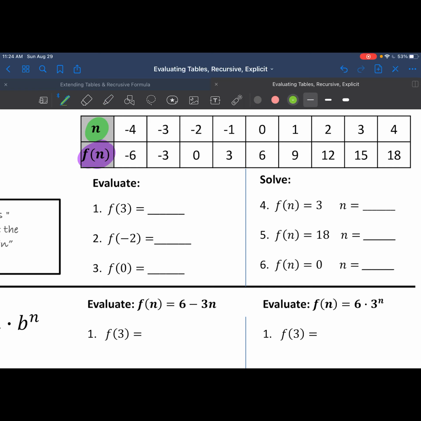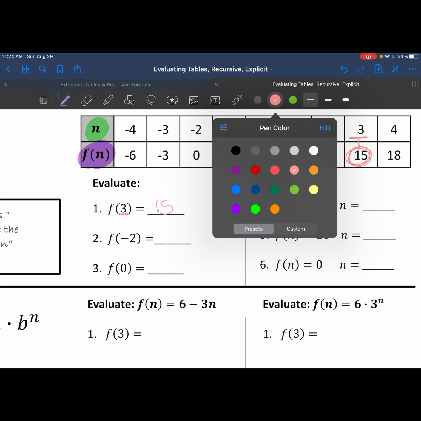For number 1 we have f of 3 equals something. So what this means is we're looking for when our n equals 3 and what the f of n partner is. So when n equals 3, in my n row, our f of n is 15, so 15 is our answer.